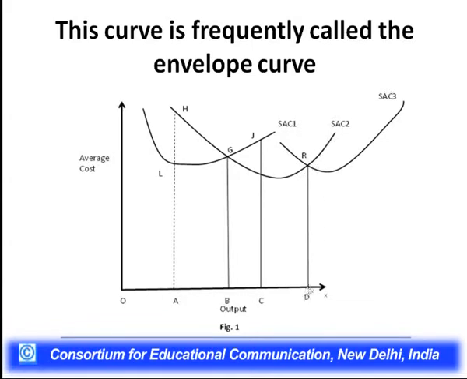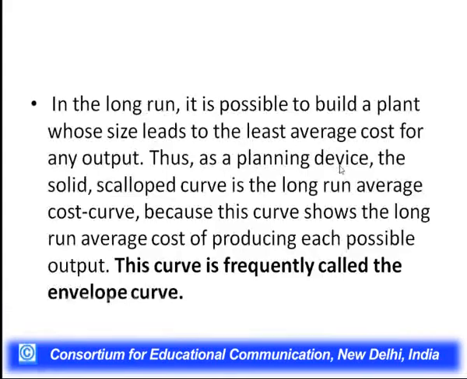But if the output is to be done more than OD, then you find that you will get a cost which is higher on SAC2 or SAC1, but it will be minimum on SAC3. So this way we find that in LAC or in the long run we have the opportunity to choose any size of the plant which will give the lowest per unit cost of production.